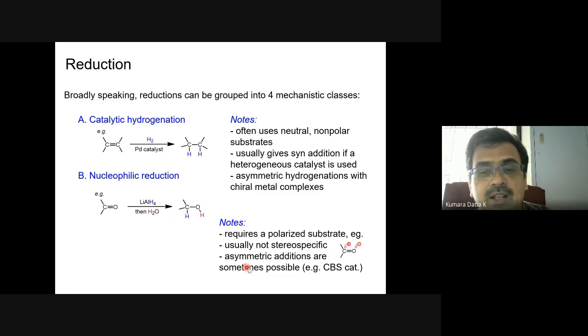Asymmetric additions are also sometimes possible, for example if you use the Corey-Bakshi catalyst. Again, we do not have specific reactions for you, but what you should understand is that there are 4 different ways by which we can reduce carbon compounds.